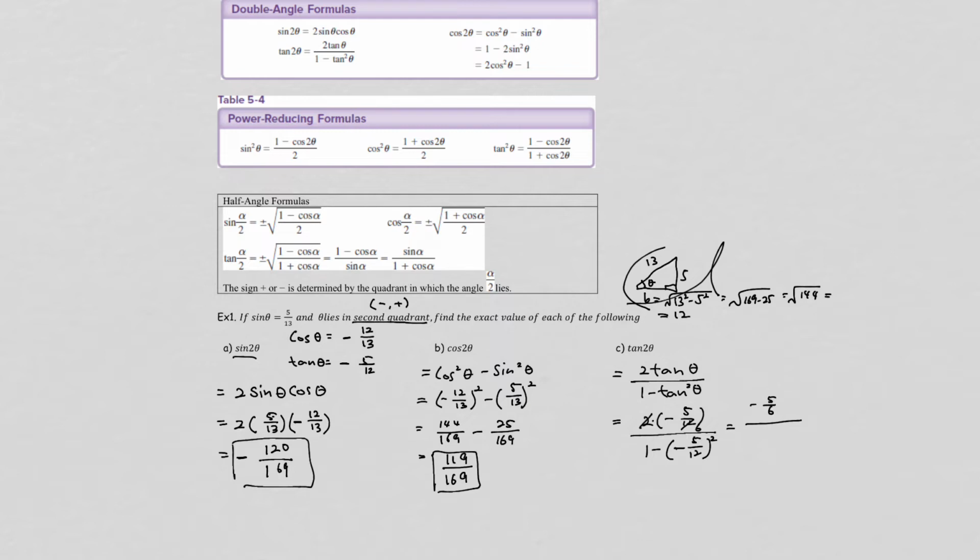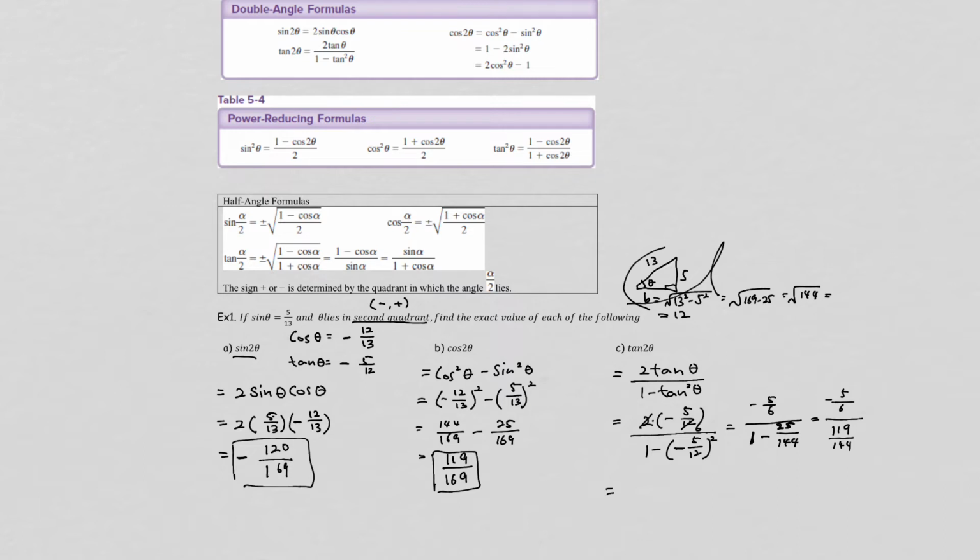In the denominator, you're squaring the negative, so it will be positive: 1 minus 25 over 144. This one becomes 144 over 144. So 144 minus 25 gives you 119 over 144.